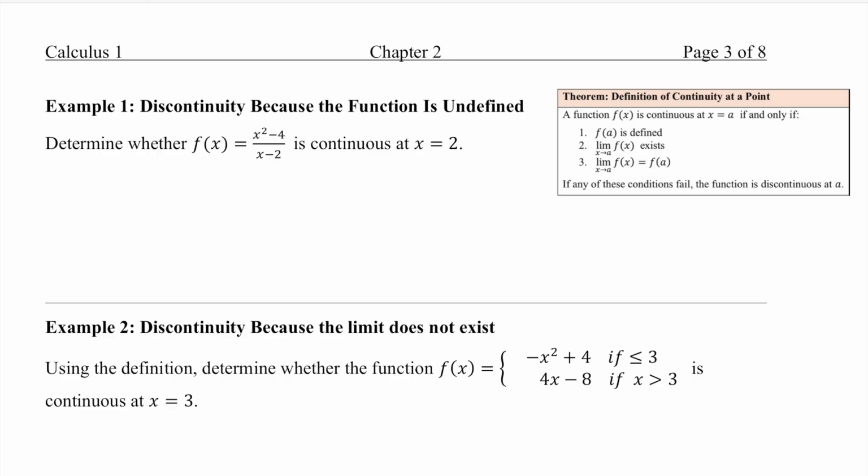Determine whether the function f of x equals x squared minus 4 all over x minus 2 is continuous at x equals 2. So step 1, I want to know if f of 2 is defined.